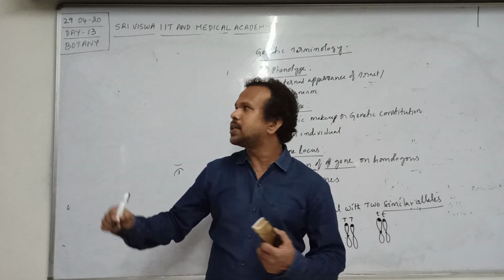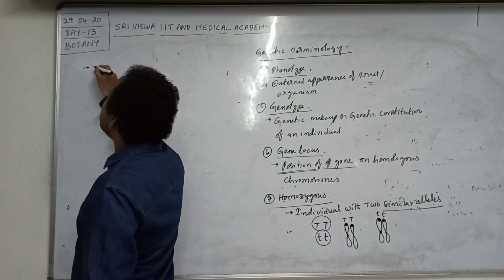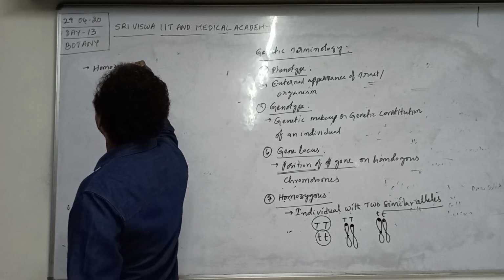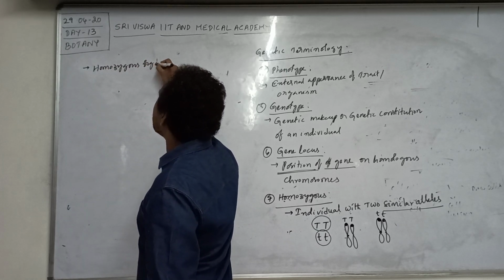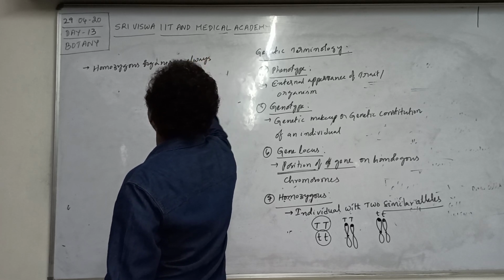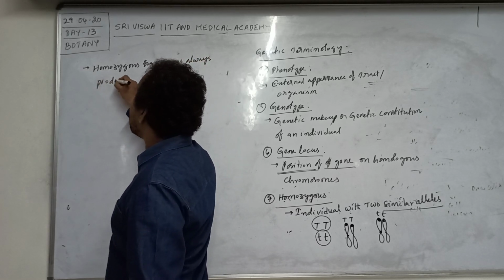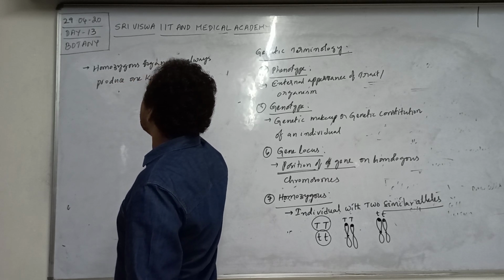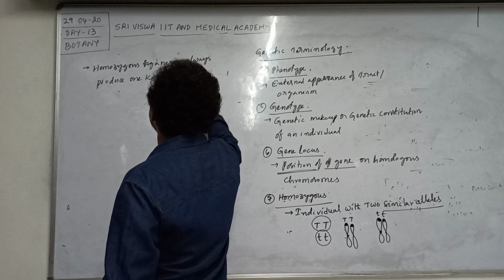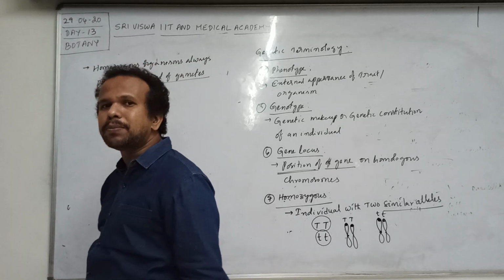Generally, homozygous individuals or homozygous organisms always produce one kind of gametes or similar gametes.